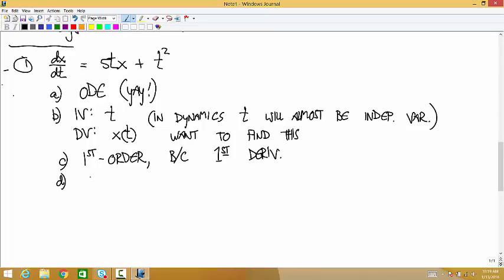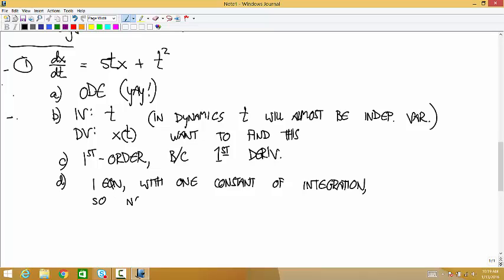So in this case, you have one equation with one constant of integration, so you need one boundary condition.